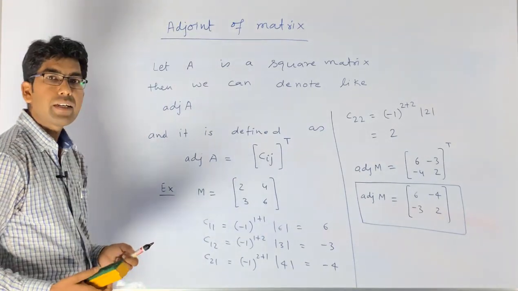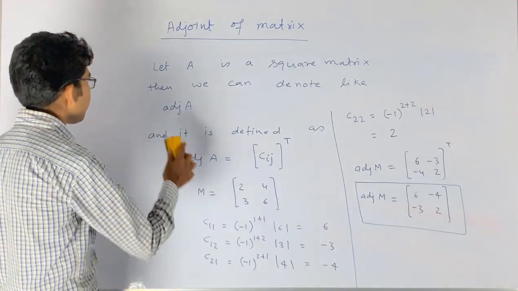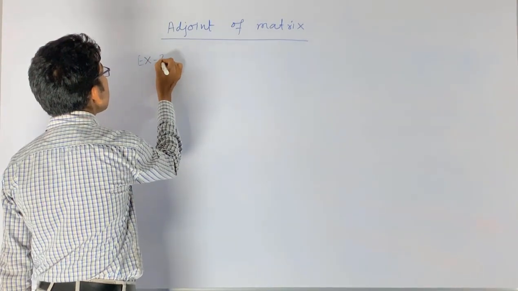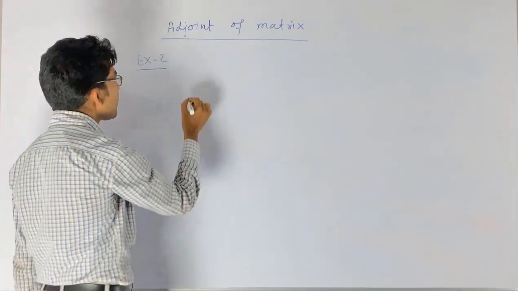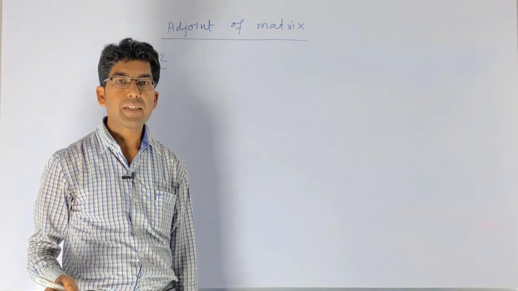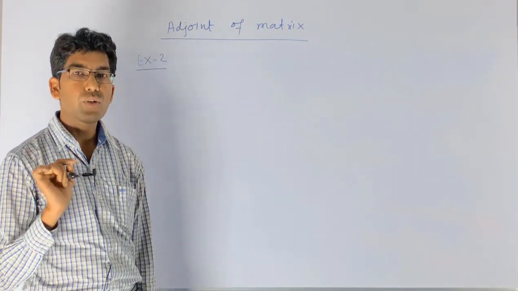Now, take one more example to understand the adjoint of the matrix. Example 2. In the previous example, I took a square matrix of order 2 cross 2.